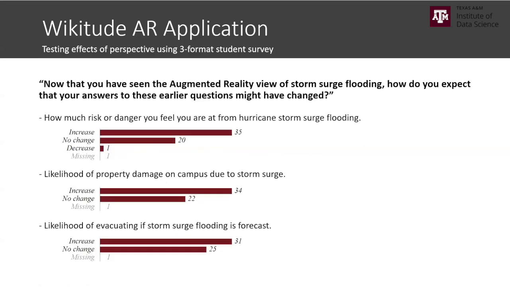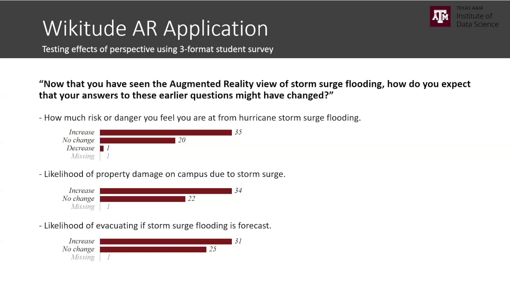However, because I wanted to give all the respondents a chance to at least take a look at the AR view, for those assigned to the map and table views, at the end I said, okay, you've completed the formal pre-post randomly assigned portion of the study, but here's the AR tool. Take a look and let me know what you think after looking at the augmented reality version of this data.